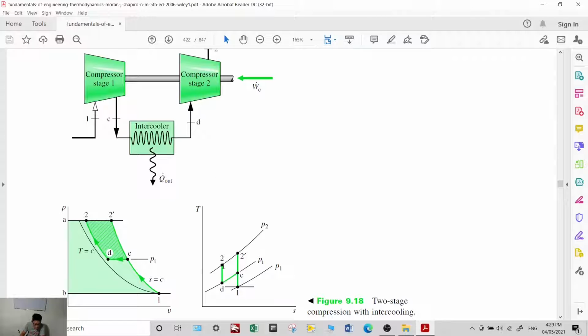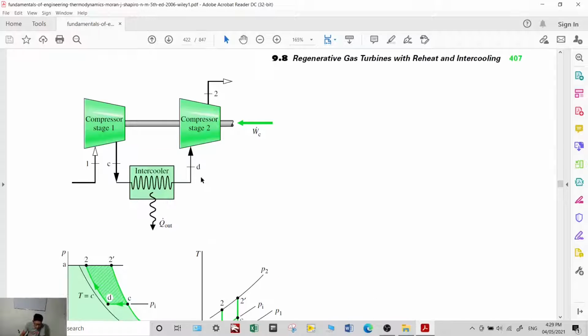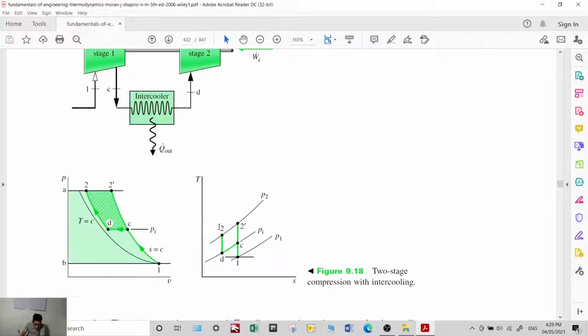Therefore it is compressed from D to point 2. So this is what happens on the PV diagram.